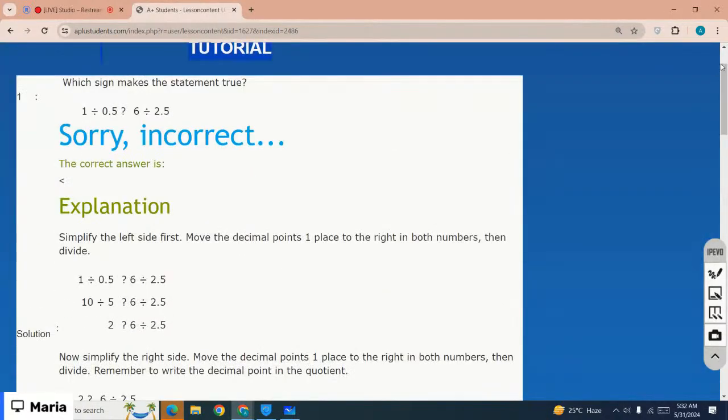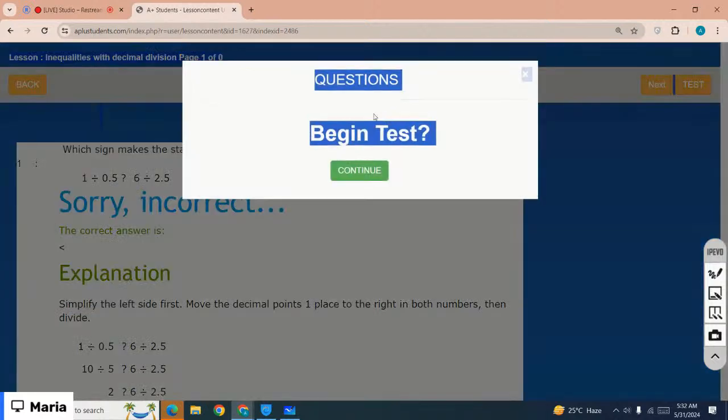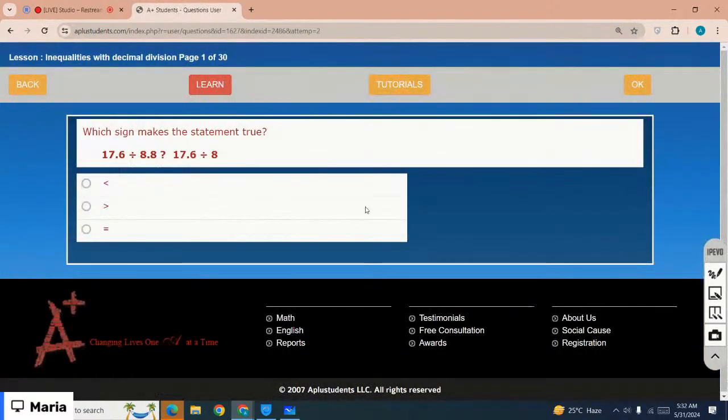Let's just start with the test questions. Okay, 17.6 divided by 8.8 and 17.6 divided by 8. Let's see which is the correct option. Divisor and dividend, they both have the decimal point. So they can cancel out each other. Then you are left with 176 divided by 88, right?